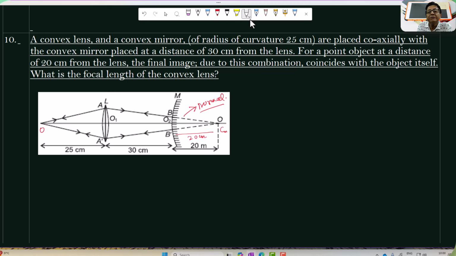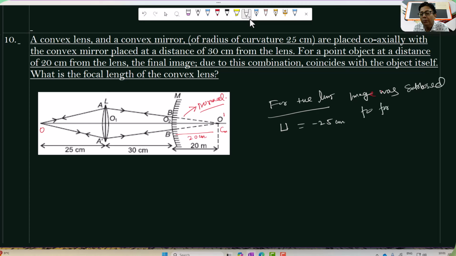Now for the lens, U is minus 25. The image was supposed to form, for the lens, at the point O dash.